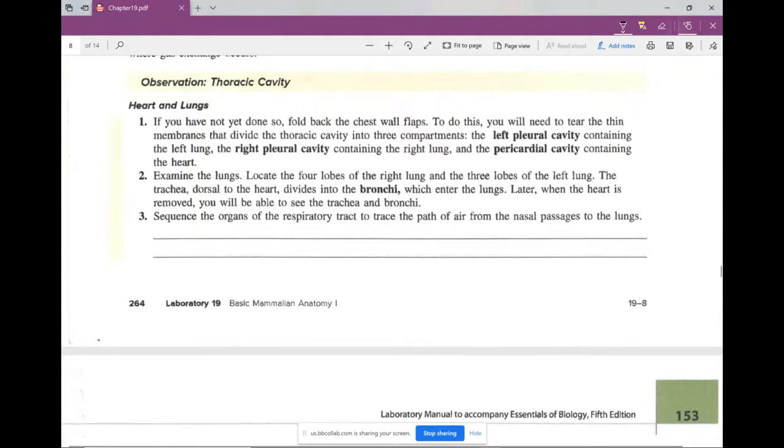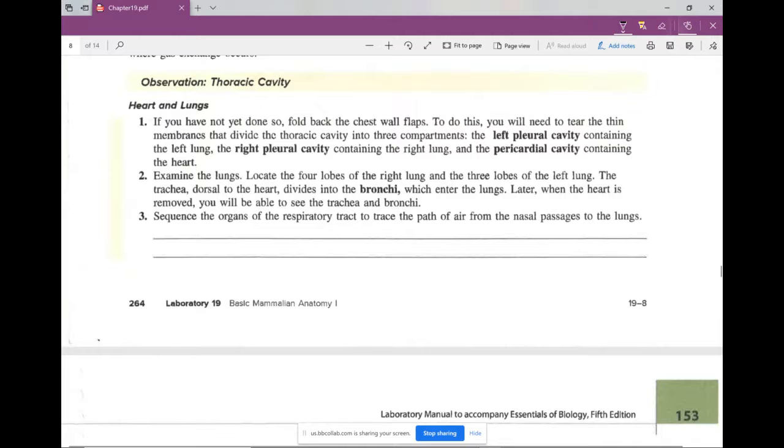Okay. If you have not yet done so, fold back the chest wall flaps. To do this, you will need to tear the thin membranes and divide the thoracic cavity into 3 compartments. The left pleural cavity, which is where the left lobes of the lung are, and the right pleural cavity containing the right lung, and the pericardial cavity containing the heart.